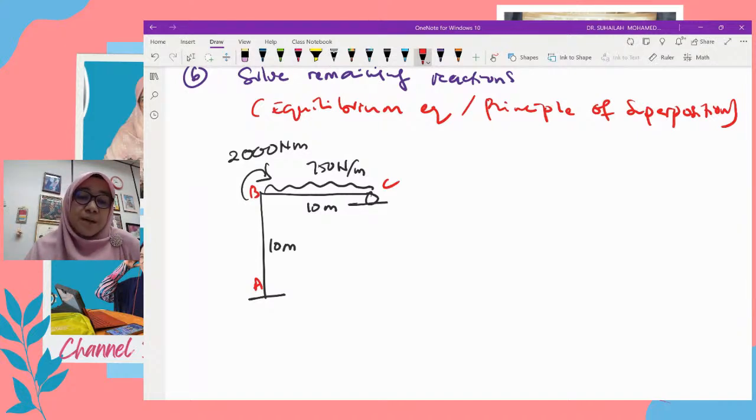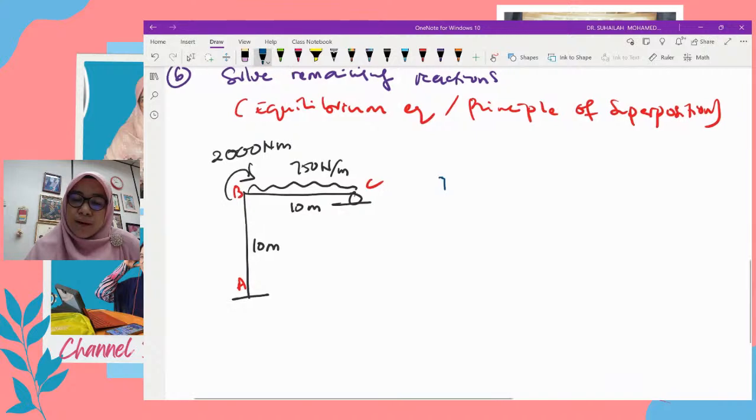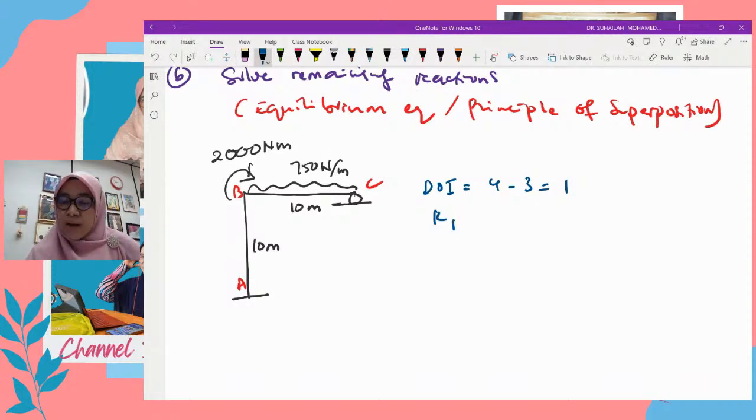So step number 1, we need to identify the degree of indeterminacy. In this case, there are 4, so it is 4 minus 3, equivalent to 1. After that, we choose redundant. This is one redundant, so I put it as R1. I want to choose the moment at A, so it is MA.